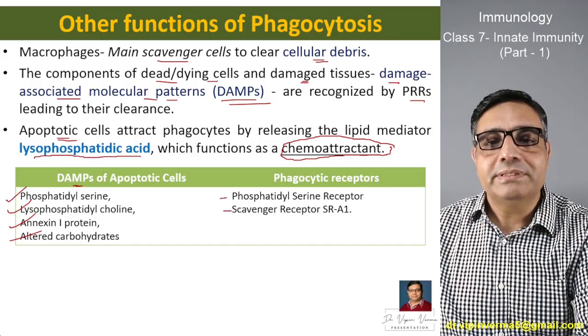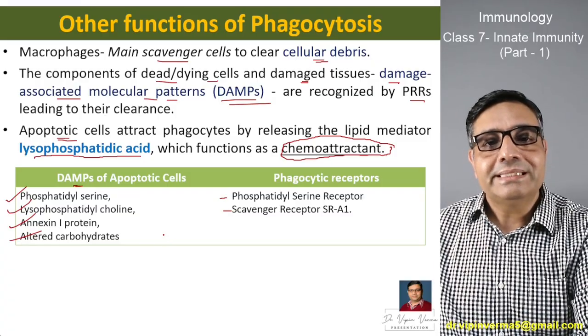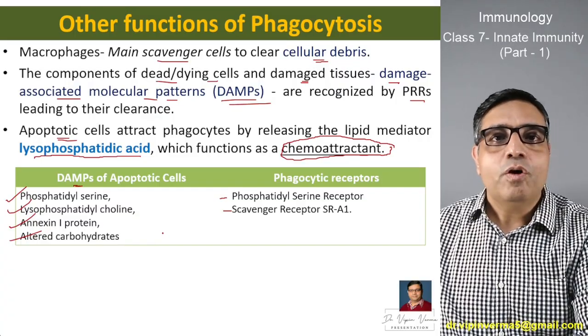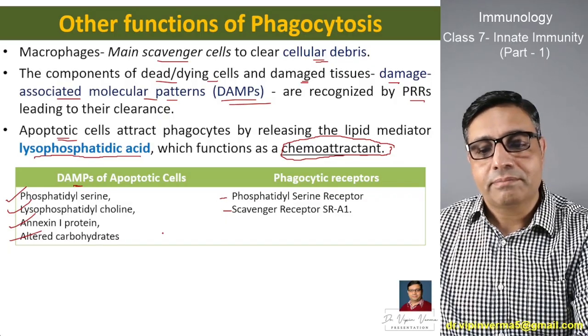So these receptors recognize these DAMPs, and once the interaction is complete then the cell gets activated and the clearance of the apoptotic components or the damaged tissues is done.